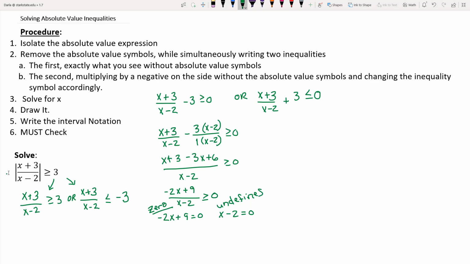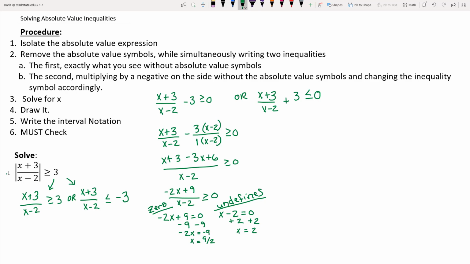But then we need to solve for x in both cases. So subtract 9, so -2x equals -9. Divide by -2, you get x is 9/2, positive. Add 2 to both sides, we'll get x is 2. So x is 9/2 is a 0, and x is 2 is an undefined.